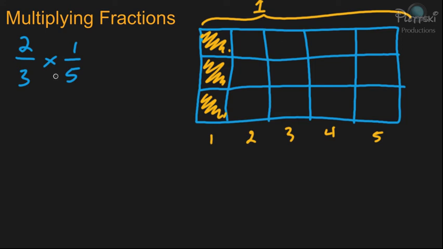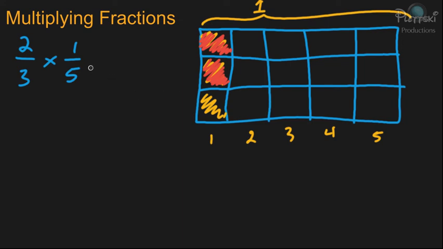Now I want to show what 2/3 of 1/5 is. So I have my 1/5, and I've already cut it up into thirds. And to show what 2/3 would be, all I would have to do is take 2 of those. So 2 of those, 1 and 2.